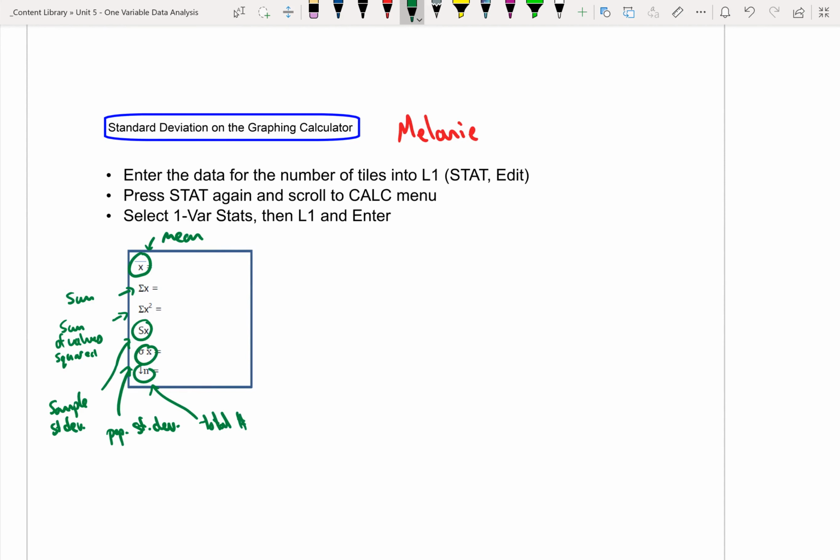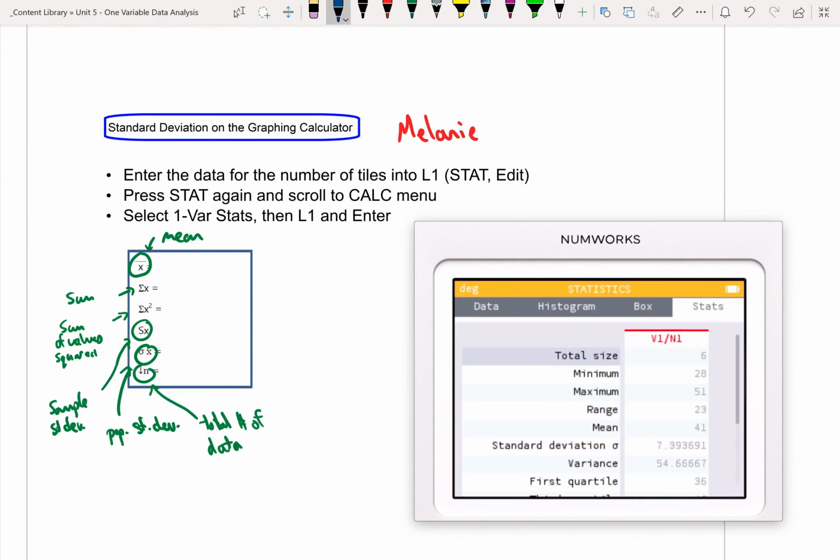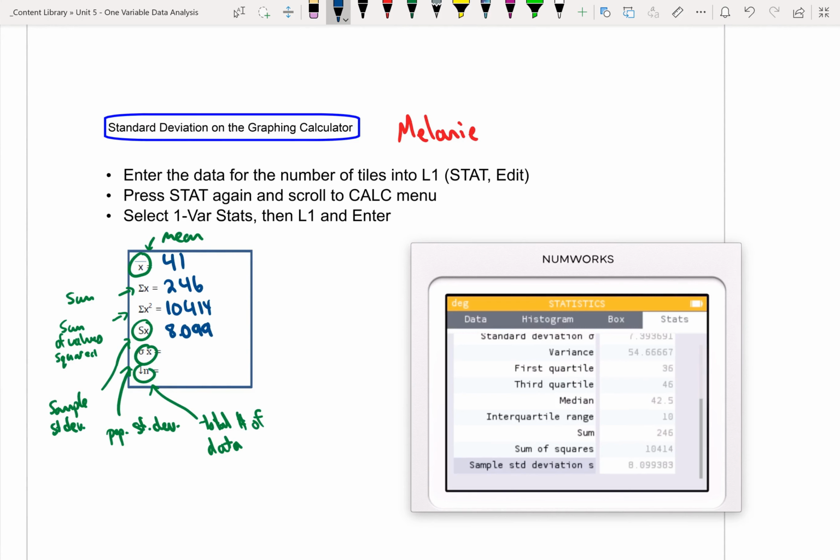So again, you can see by the calculator, you should have the same values. What you should get is that the mean is 41, the sum is 246, sum squared is 10,414, the sample standard deviation is 8.099, the population standard deviation is 7.39, and our n is 6.